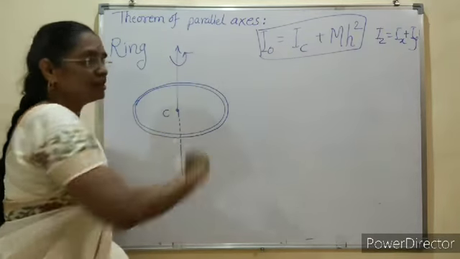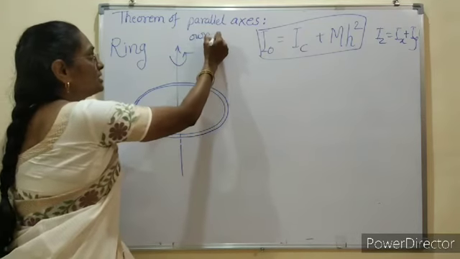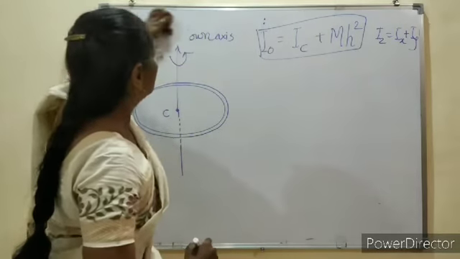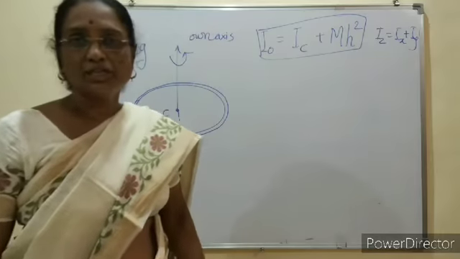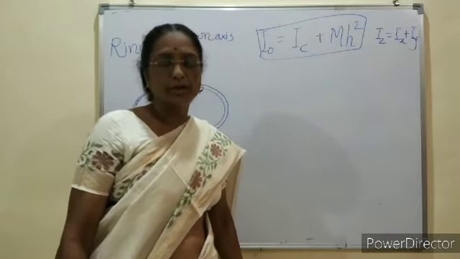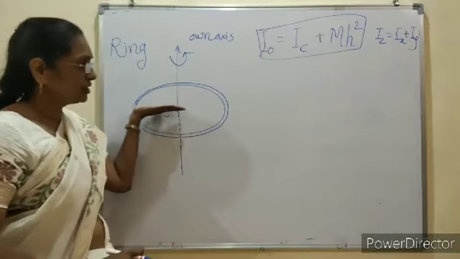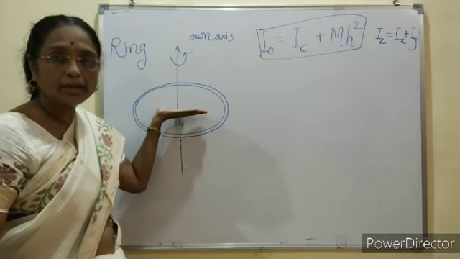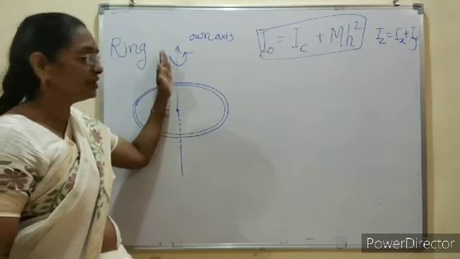About this axis the ring can rotate, and this is the own axis of the ring. We have already discussed that own axis is the axis passing through the center of mass of the body and perpendicular to its plane. We have adjusted the ring in the horizontal plane, so that the axis is vertical.